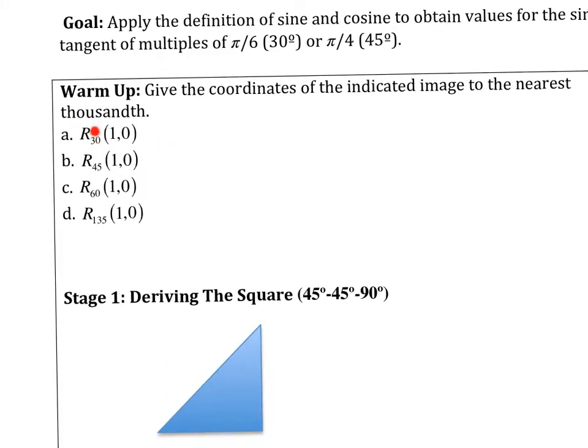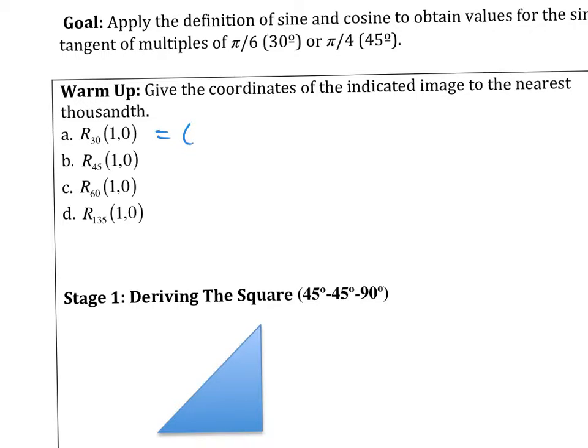All right, so let's interpret this. This says you're going to rotate this point, (1, 0), 30 degrees counterclockwise, and you're going to tell me what you get when you rotate it.